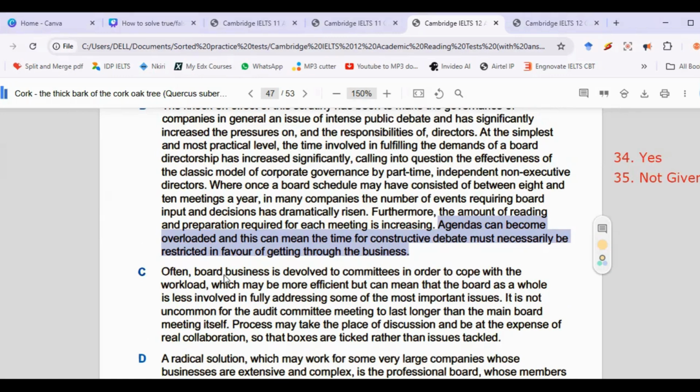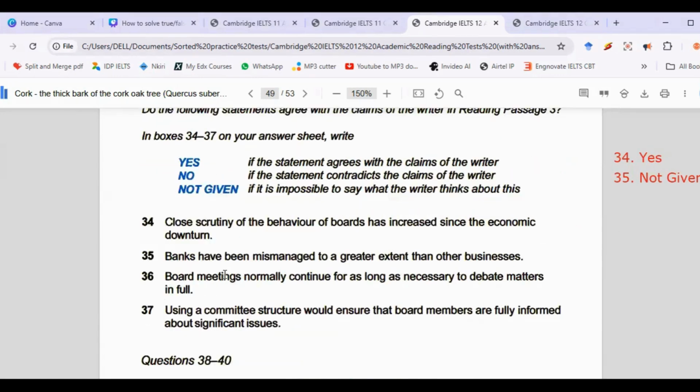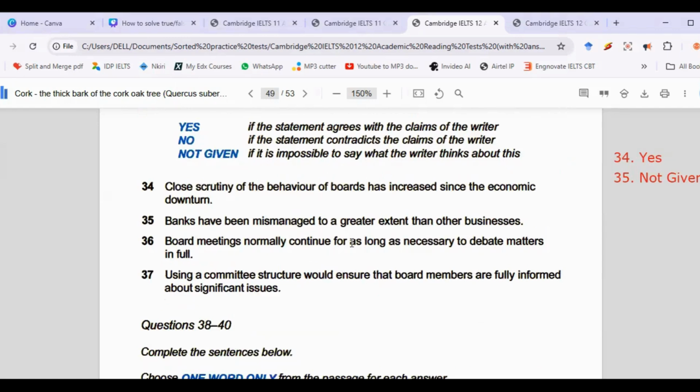That is contradicting what we have in statement number 36. Number 36 is telling us that we cannot restrict the time. It's telling us that we can continue meeting for as long as possible. So my answer to number 36 is going to be no. Then finally, we have number 37.